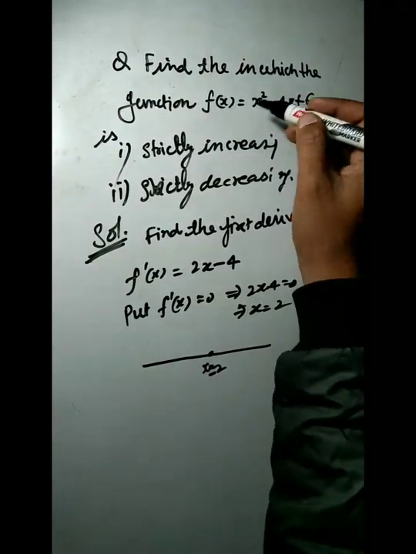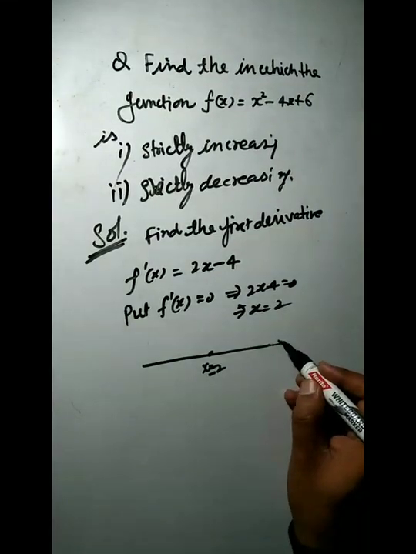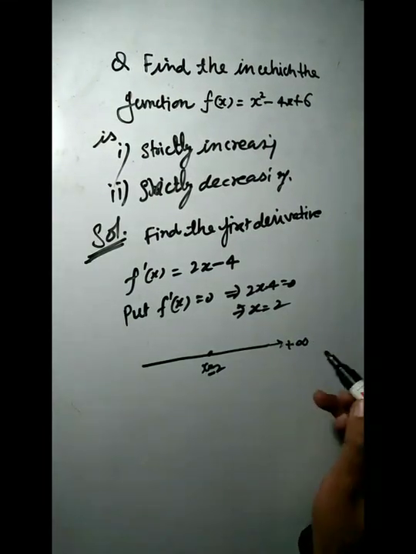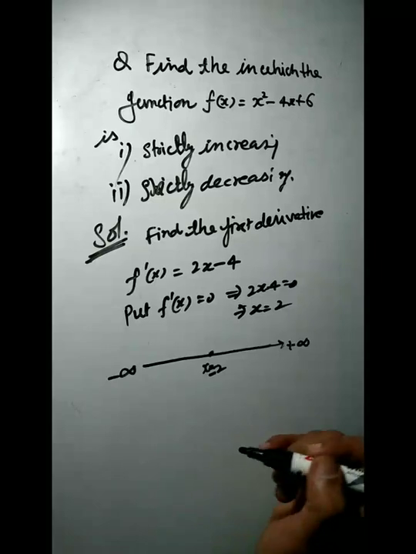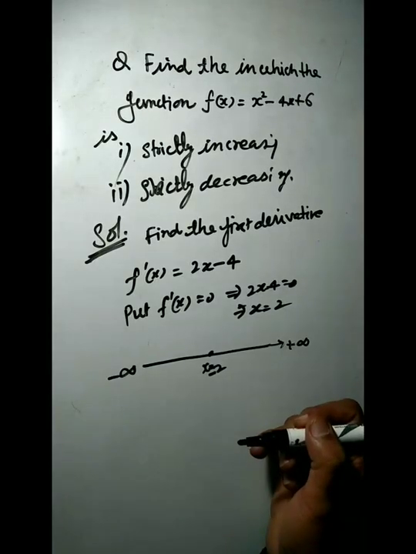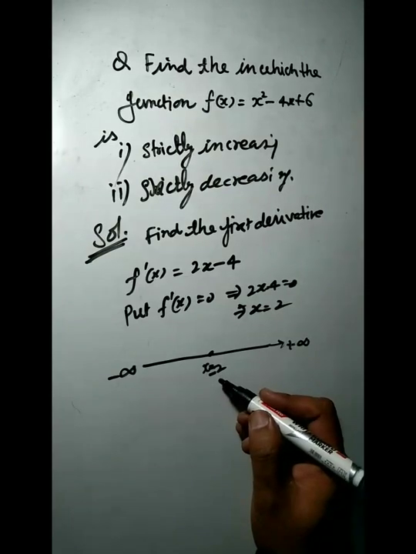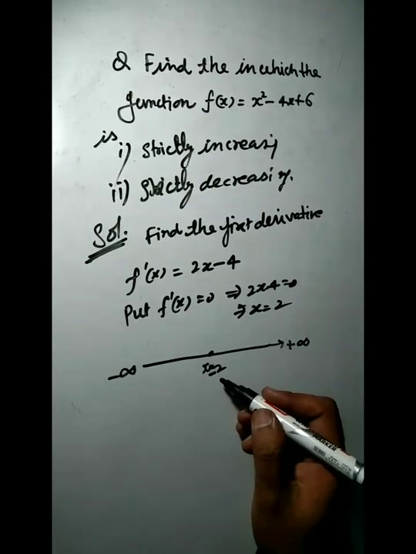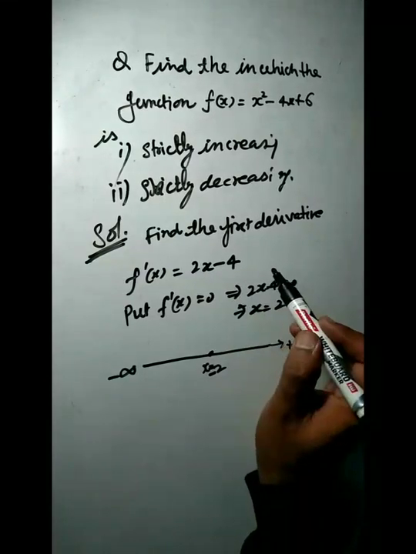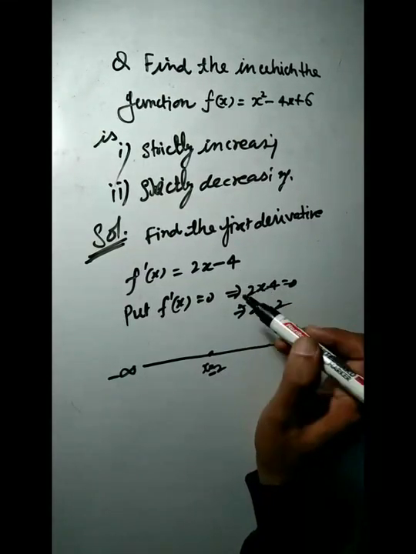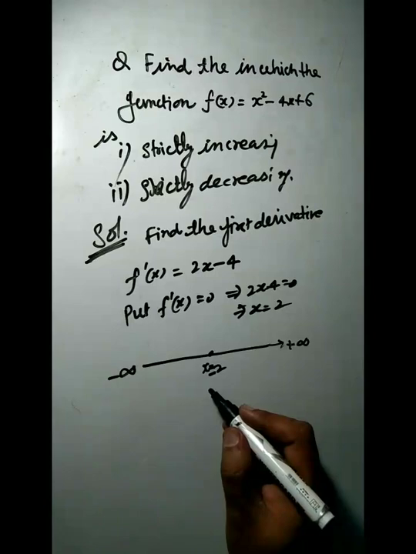A range of the function is not given, so we will consider here plus infinity and minus infinity. At x equals 2, f dash 2 is 0.